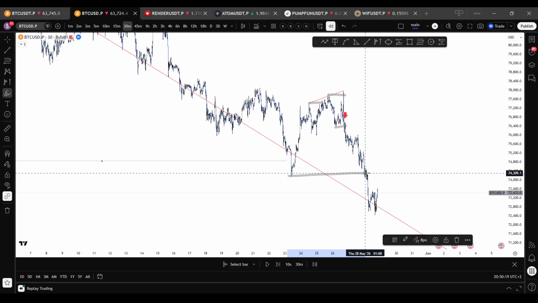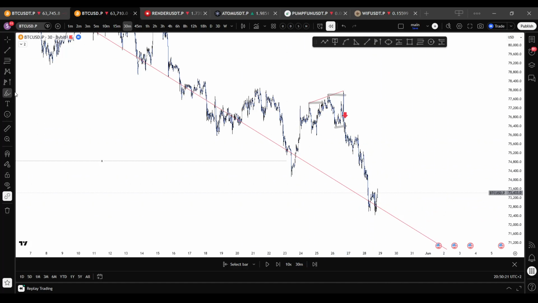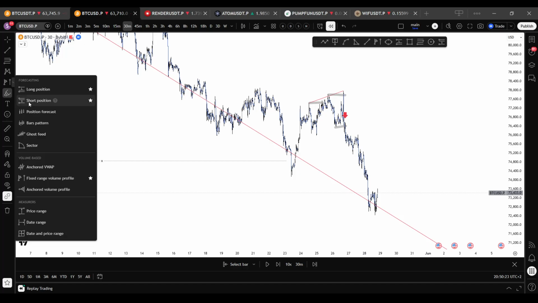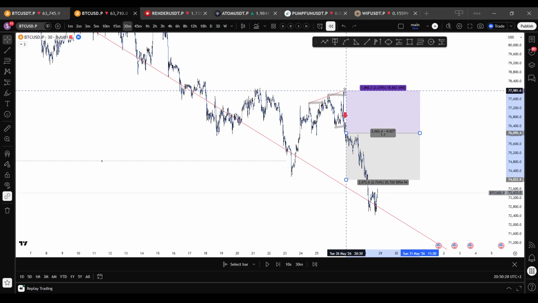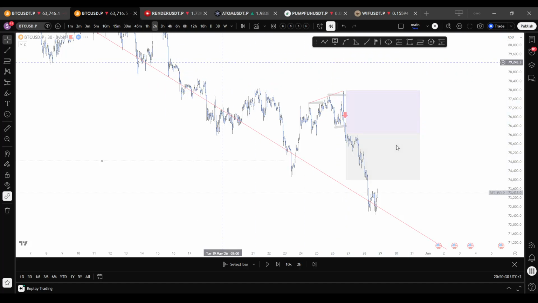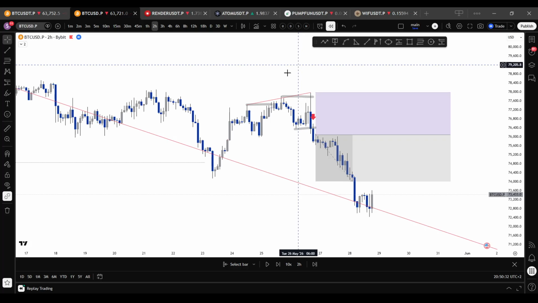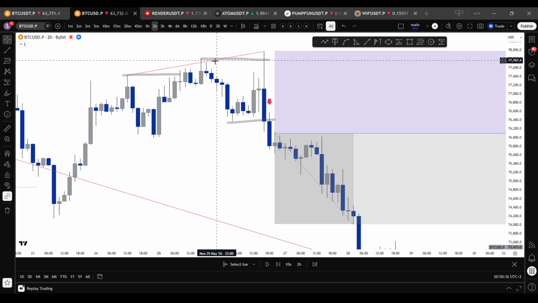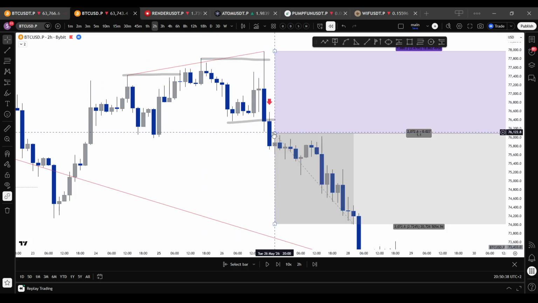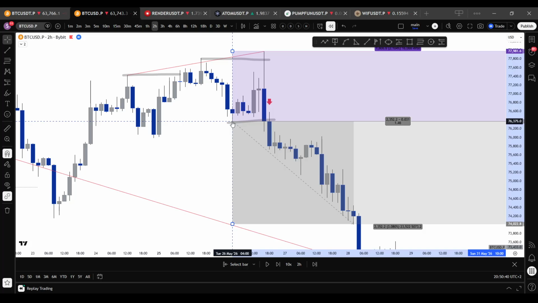Our first target is this low, so you would basically short Bitcoin based on a higher time frame expectation. You would short Bitcoin around here. Let's do it correctly and check on what time frame the structure is valid. I think it was the 2-hour time frame. Yeah, looks like it. So we broke it around here.